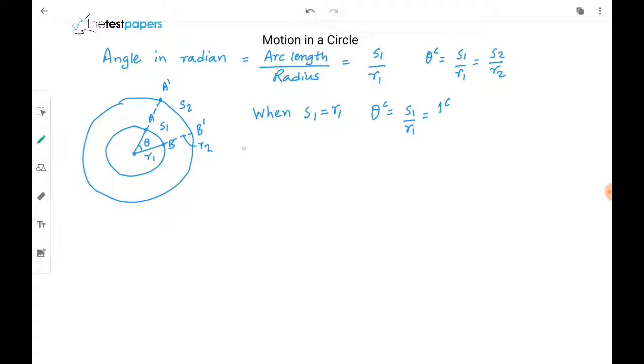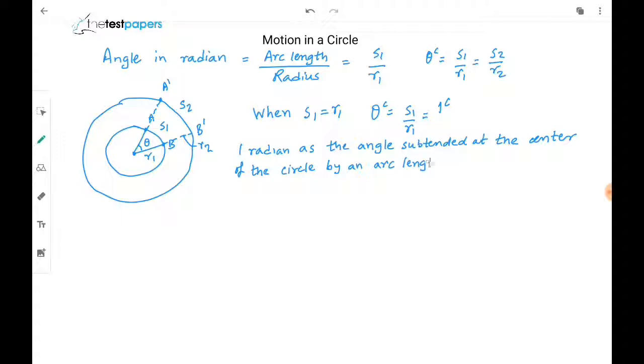So we define 1 radian as the angle subtended at the center of the circle by an arc length equal to the radius of the circle.